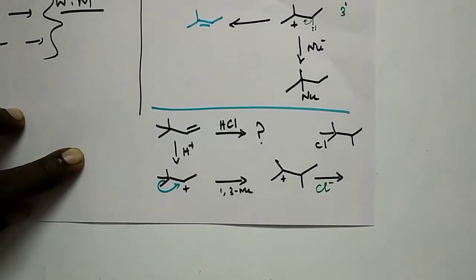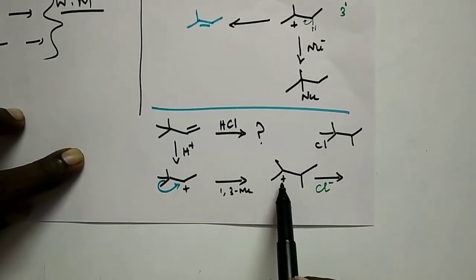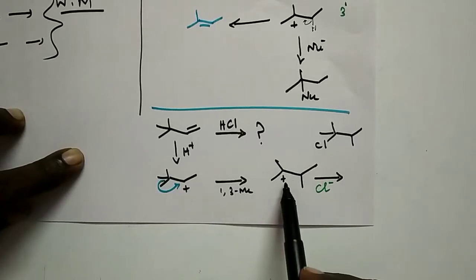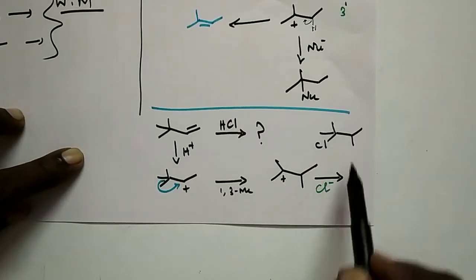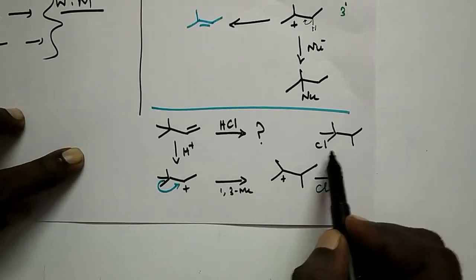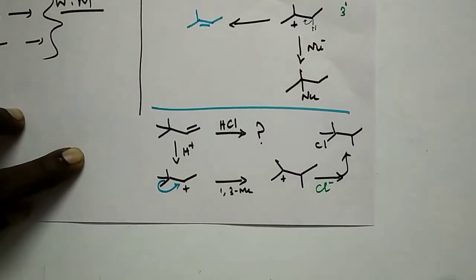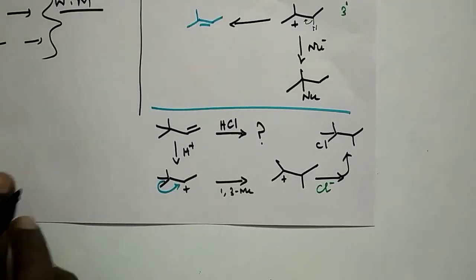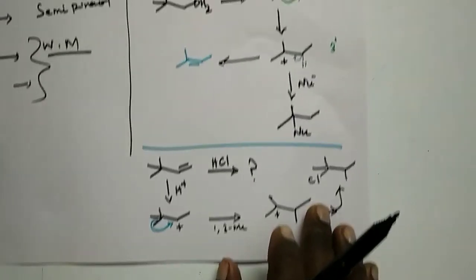Okay. Here you had a secondary carbocation, but after migration, you had a tertiary carbocation, and that stable carbocation the nucleophile attacks. Okay, you get the product. This is the product. This is another type of Wagner-Meerwein rearrangement.